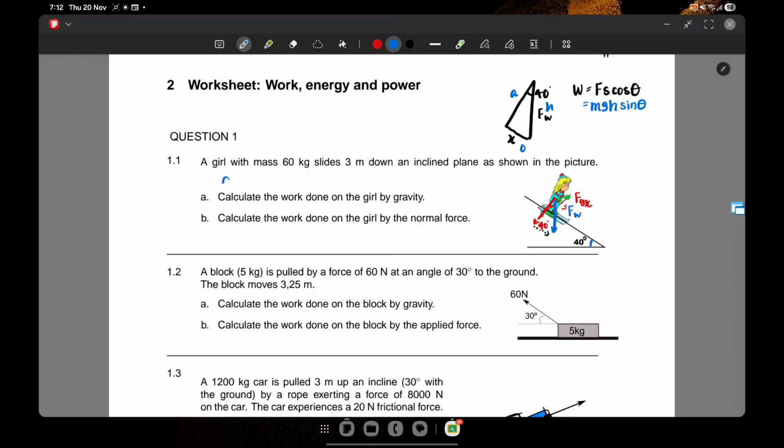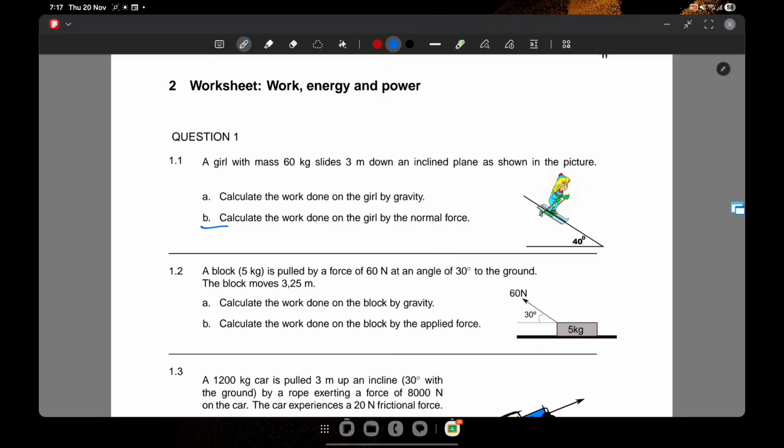So the girl is 60 times 9.81. This is also in our data booklet. Times 3 times sin 40. This will give us 1,135 joules of work.